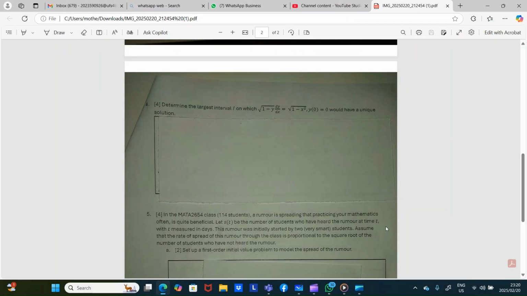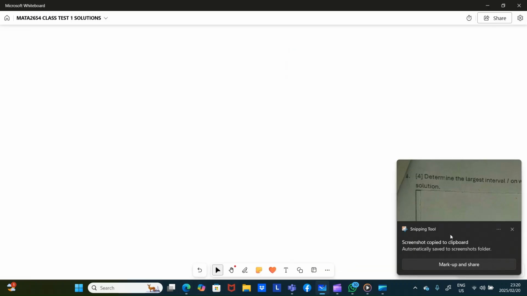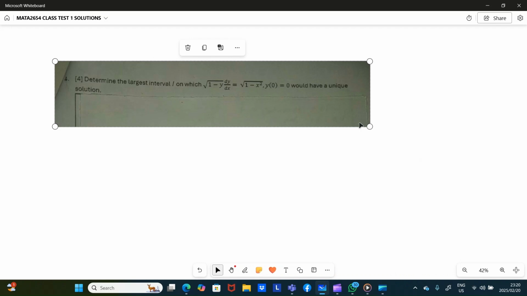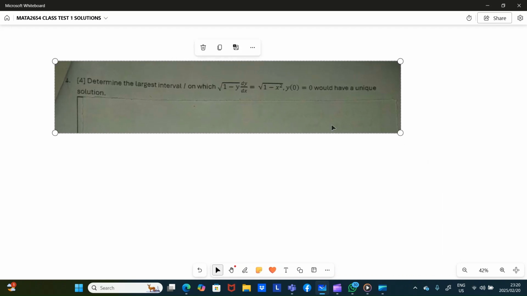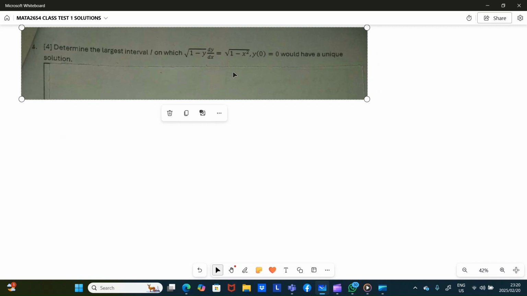What were we asked? Question 4. Question 4 says that we should determine the largest interval on which root of 1 minus y dy by dx equals root of 1 minus x squared.